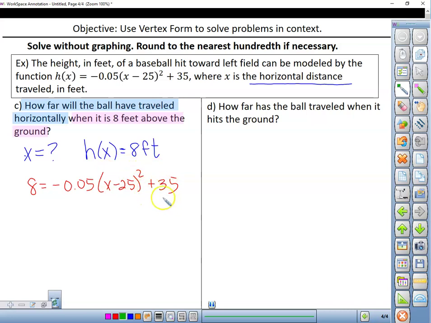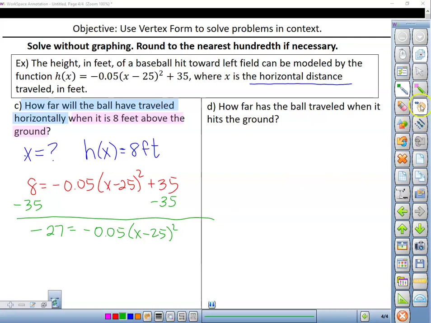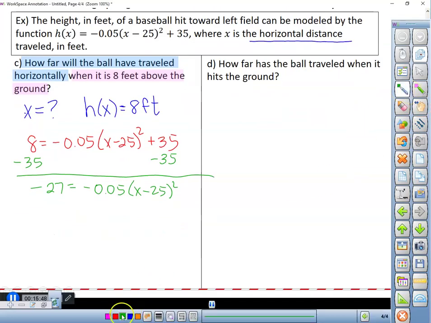So I have to undo the addition first, subtracting 35 from both sides. And that is going to give me negative 27. Then I have to undo that multiplication. So I divide both sides by the negative 0.05.